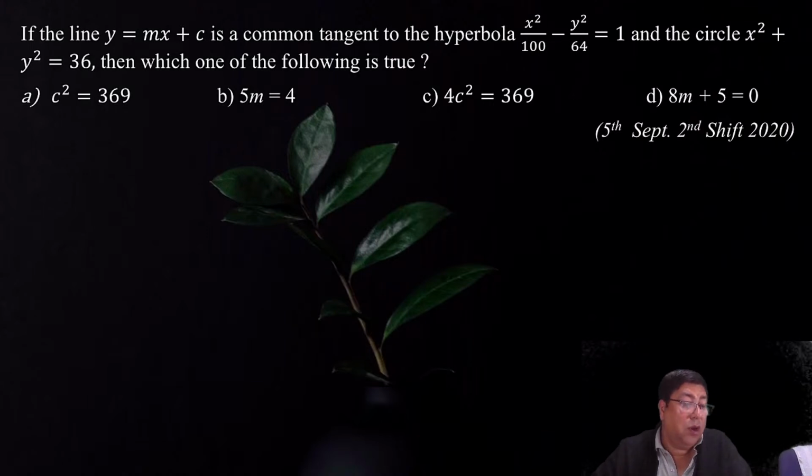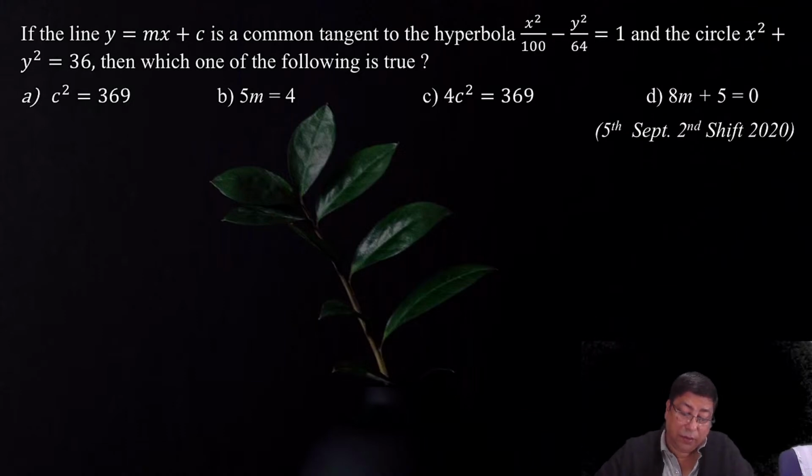So if y equal to mx plus c is a common tangent to the hyperbola x square by 100 minus y square by 64 equal to 1 and the circle, then which one is true? What can be done? It's a concept question. Y equal to mx plus c is the common tangent to the hyperbola and the circle.